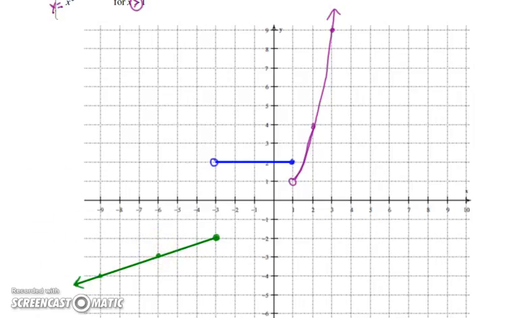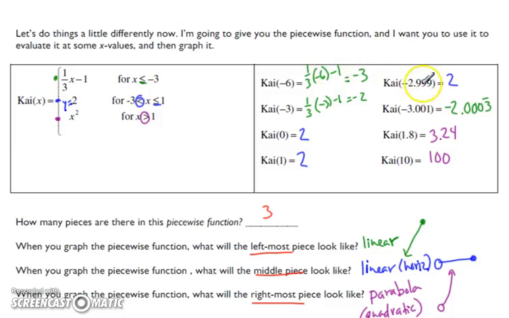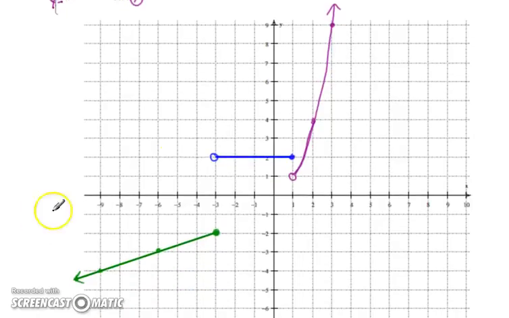Especially when we get to those little -2.99999 and -3.00001. Those two points are right here on the graph. -2.99999 is right here, and -3.00001 is right here.